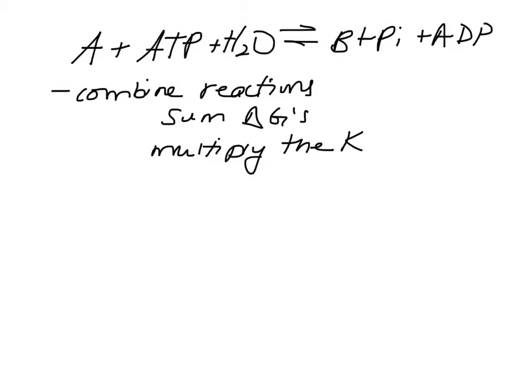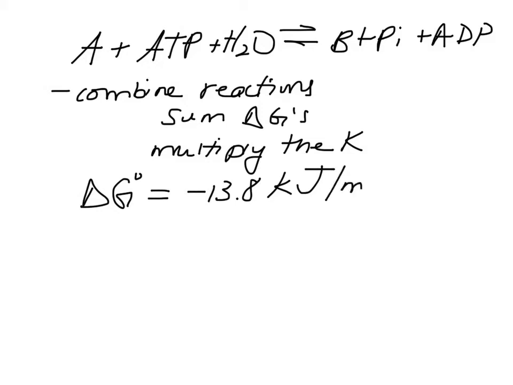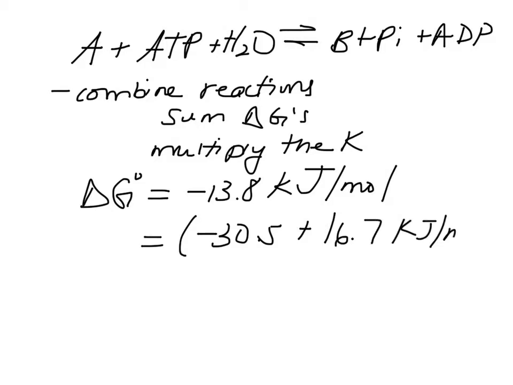Overall now, the new delta G under standard conditions would be negative 13.8 kilojoules per mole. And we get that from negative 30.5 plus the 16.7 kilojoules per mole. Now we have to multiply the equilibrium constants.